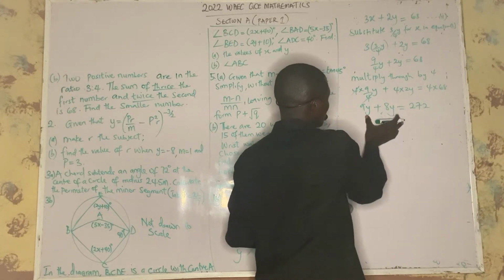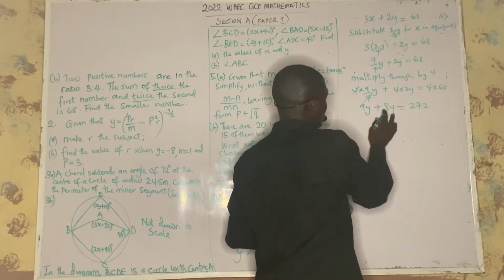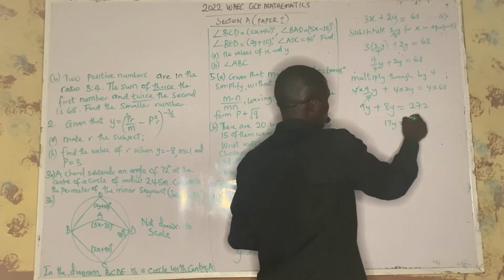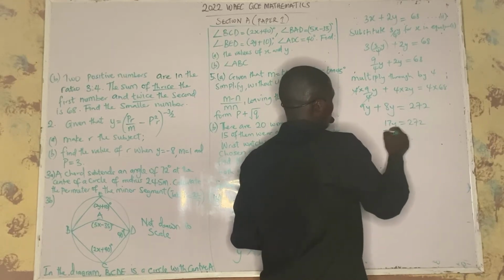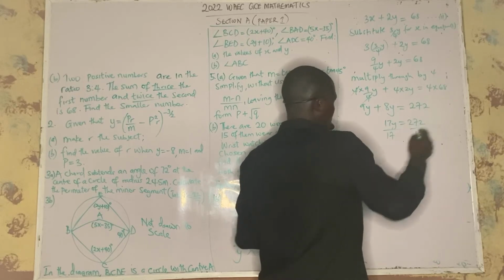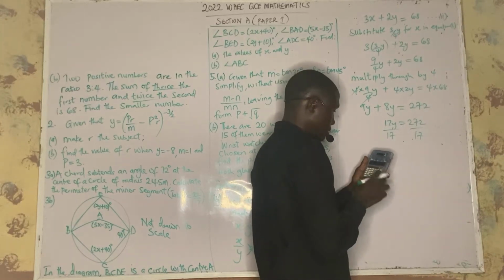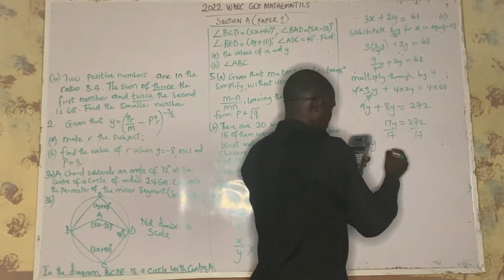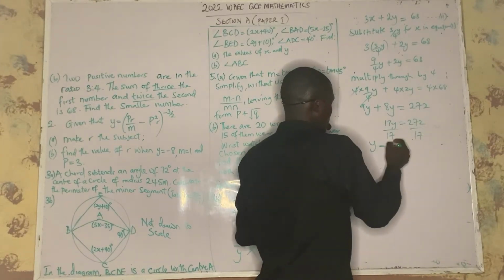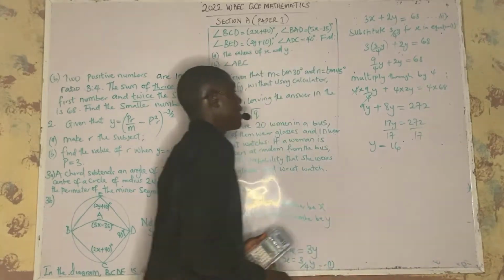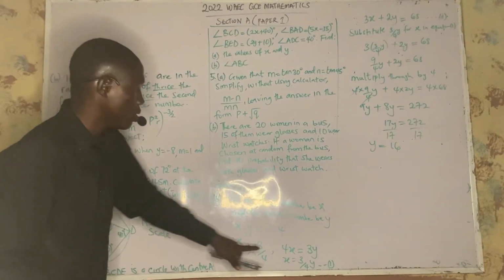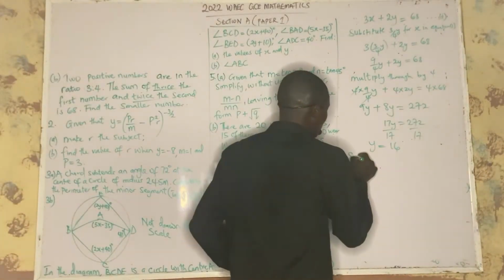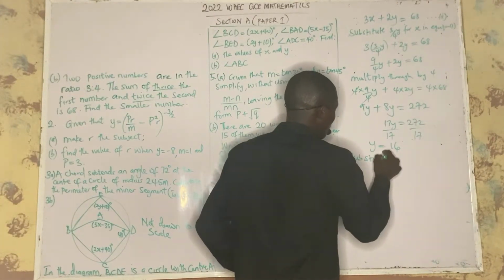When we add these together, this gives us 17y equal to 272. Dividing both sides by 17, we have an answer, y equal to 16. So our y is equal to 16. Then what is our x? Substituting 16 now.